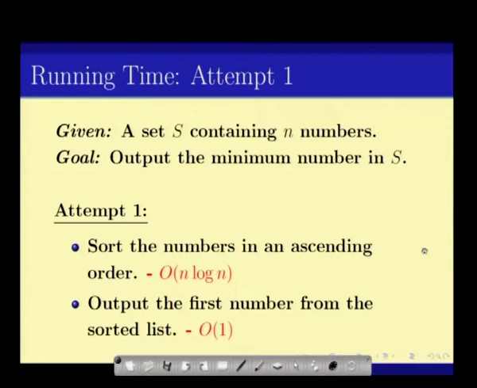This can be done using order n log n steps, because sorting needs order n log n steps, and outputting the first number takes just one step, so order 1. The total runtime for this approach is order n log n.